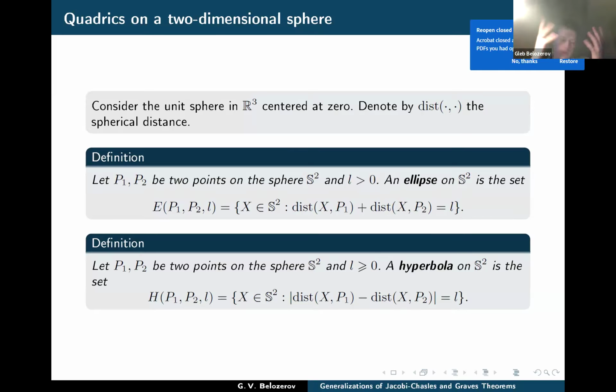No, if we consider stereographic projection, these quadrics will be curves of order 4, not order 2. So an ellipse on the sphere is a curve of order 4 on the plane.